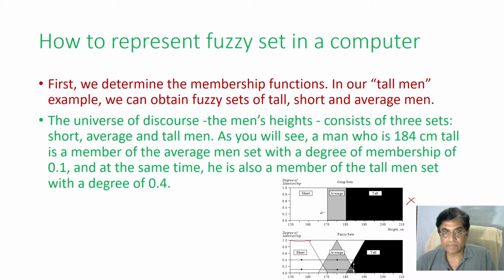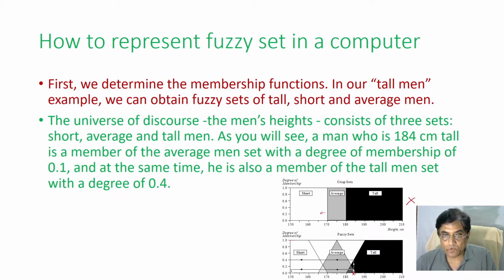Taking opinion from experts, we have created these membership functions, so that now you can see a person having height this, okay. So it will be belonging to average class with this value.